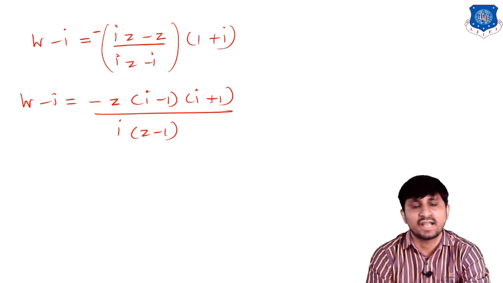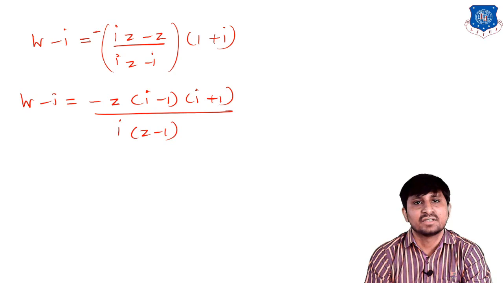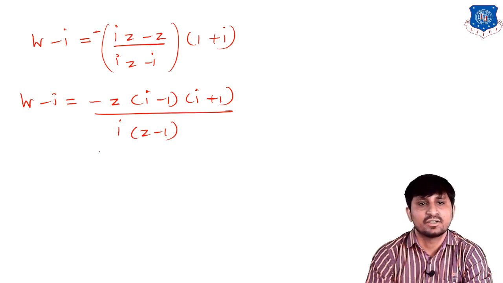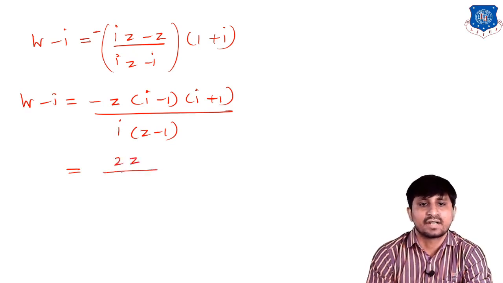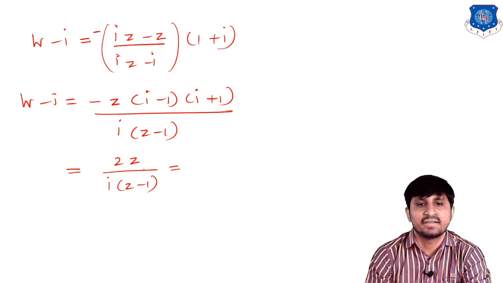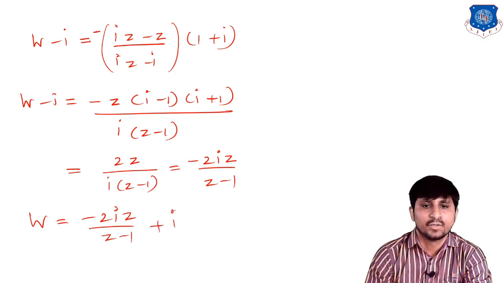So this is I minus 1 times I plus 1, that is I square minus 1, I square is minus 1, so minus 1 minus 1 is minus 2, and here also minus, so this is 2Z upon I into Z minus 1. When we multiply with I and divide by I, we get minus 2IZ upon Z minus 1.